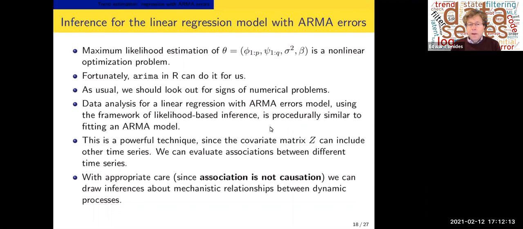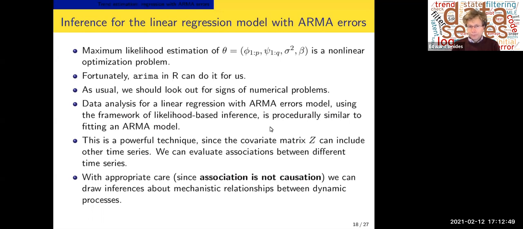Okay, so we have the arima function in R that knows how to calculate and numerically maximize the ARMA likelihood. And we just saw that regression with ARMA errors we can rewrite as an ARMA model, so we can do maximum likelihood estimation using the same numerical methods for this parameter vector theta, which has the unknown ARMA parameters and the unknown vector beta parameters for the regression model.